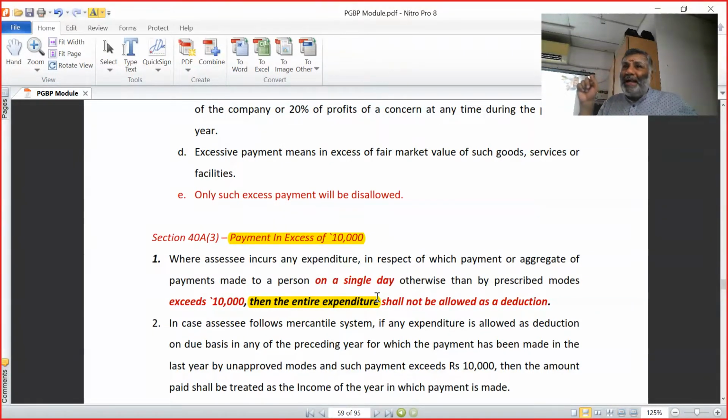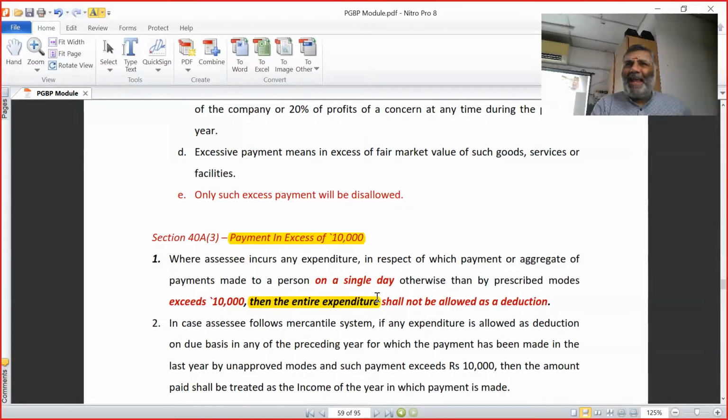So, how to rectify this? Or how to ensure compliance? Law says, if you are following the mercantile basis of accounting and you have booked the expenditure on the basis of accrual, and at the time of payment you have violated the provision, the amount paid will be treated as income in the year of violation.